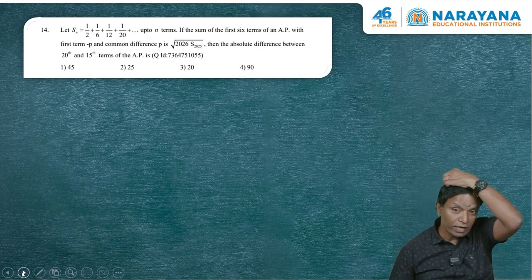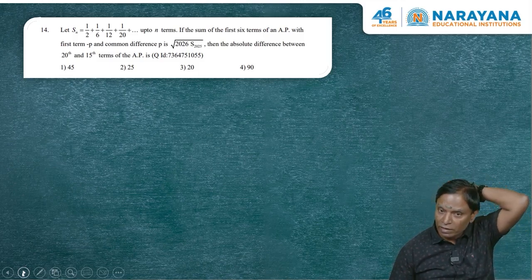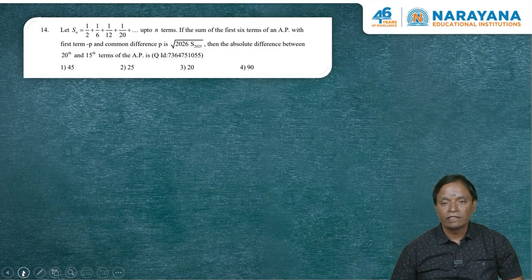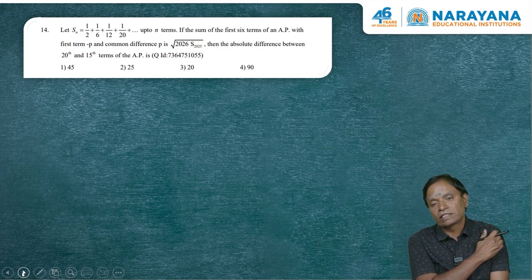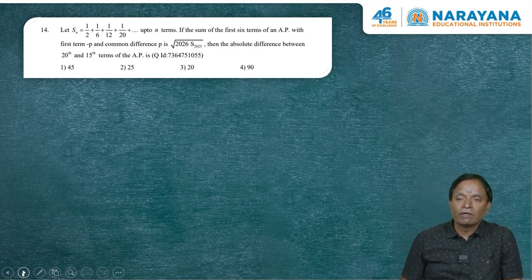Now Sn is given. The sum of the first 6 terms of an AP with first term −p and common difference p is √(2026 S2025). Then you are asked to find the absolute difference between the 20th term and 15th term of the AP.